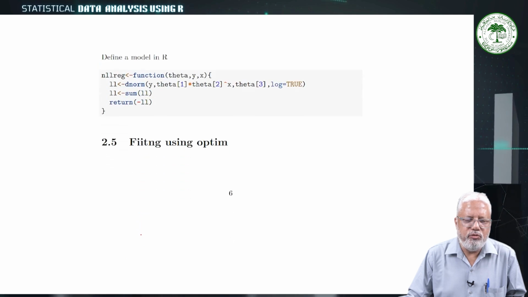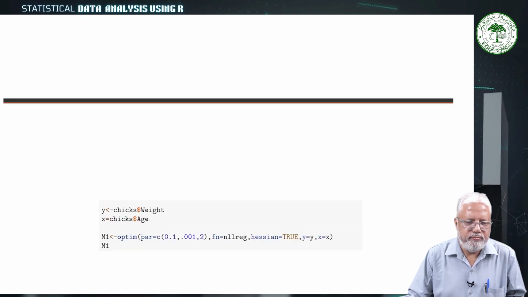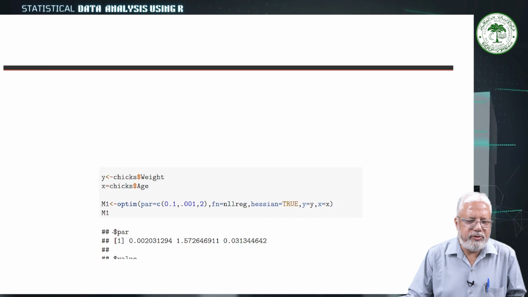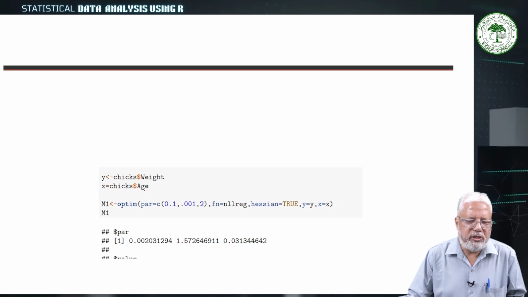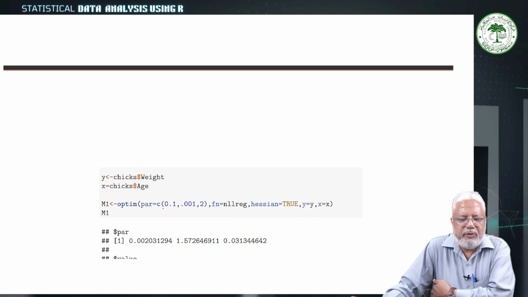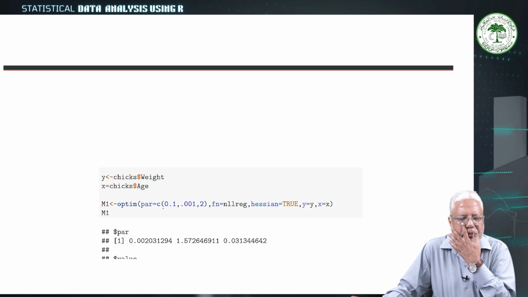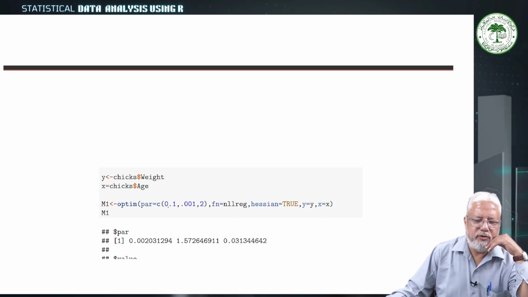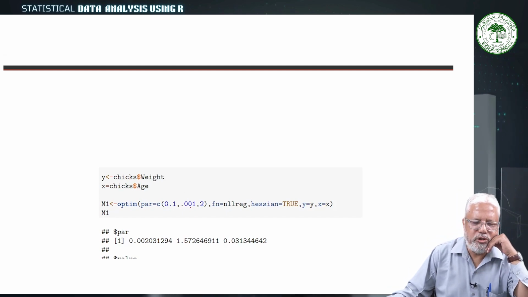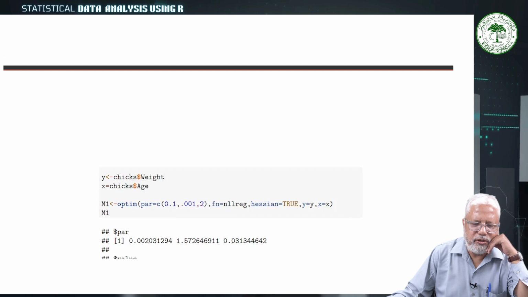Now, we can make use of fitting using optim. We have selected y is equal to chicks weight, x is equal to chicks age, and then M1 optim par. We have 3 parameters to estimate: one is beta naught, second one is beta 1, and third one is sigma.